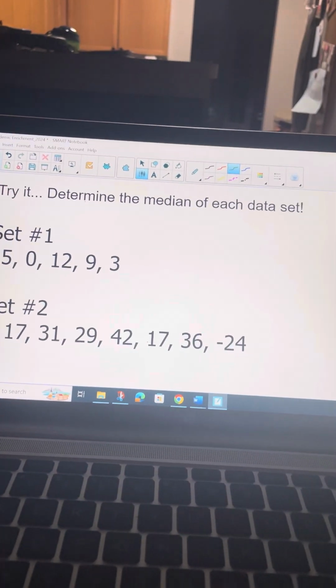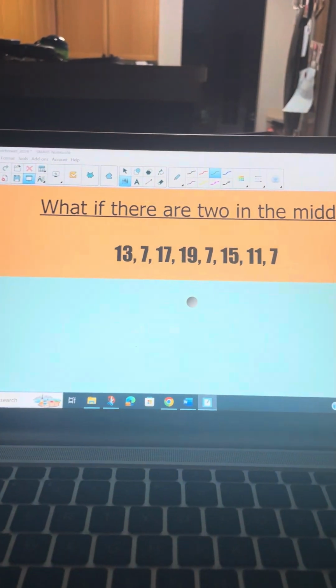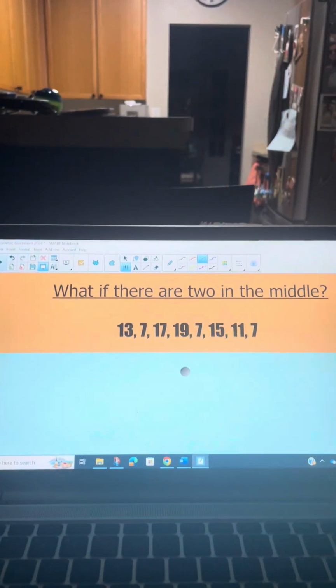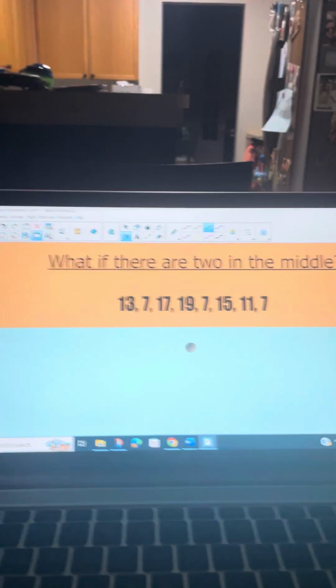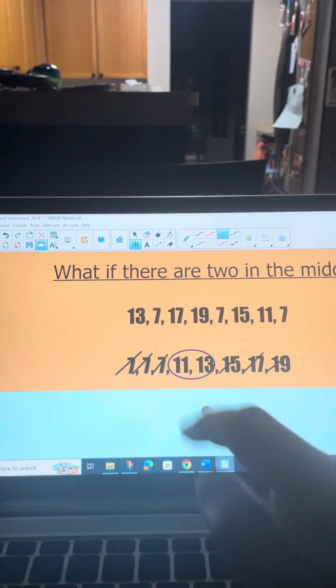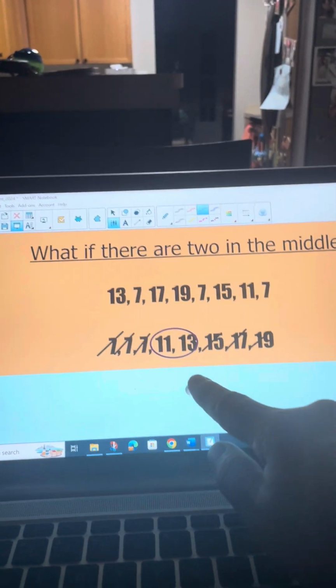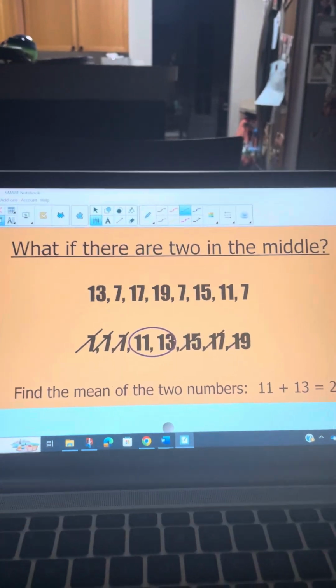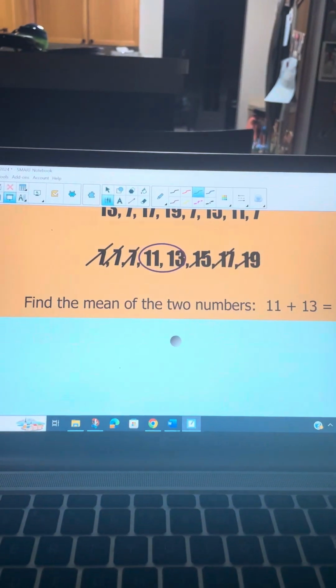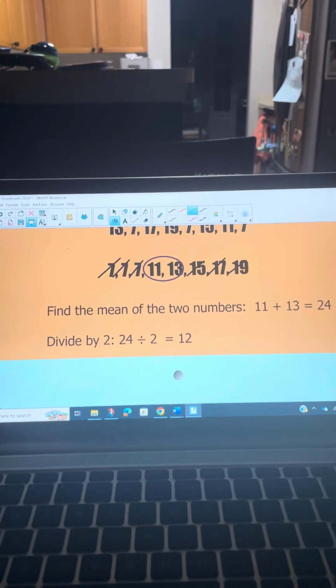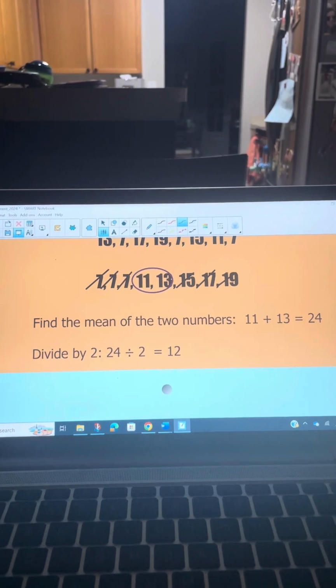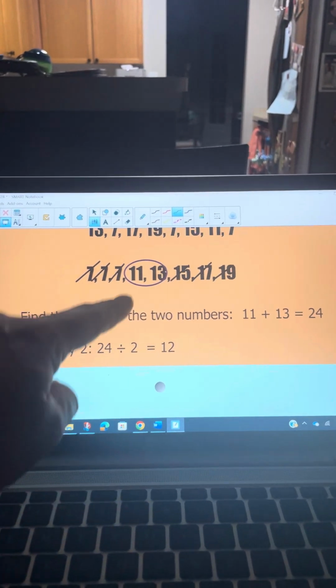Okay, when you have 2 numbers in the middle of a data set, in order to determine what the middle number is, you have to add those 2 numbers up and then divide by 2. So you do 24 divided by 2 in this case, because we had 2 numbers left in the middle.